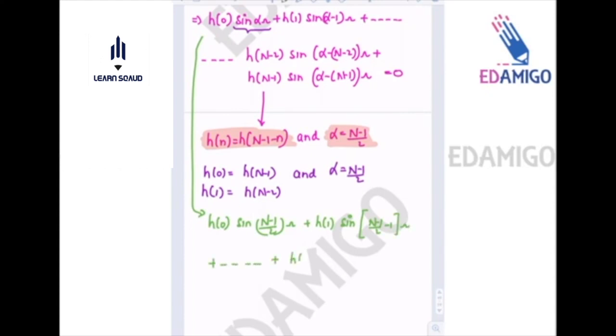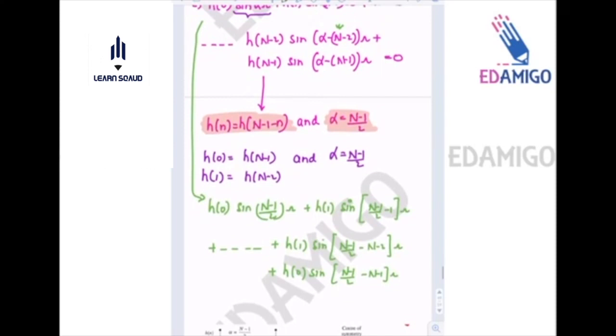The second last term will be h of N minus 2, which is equal to h of 1, so it is h1 sin(((N minus 1)/2 minus (N minus 2)) σ). The last term is h of N minus 1, that is h0 sin(((N minus 1)/2 minus (N minus 1)) σ).